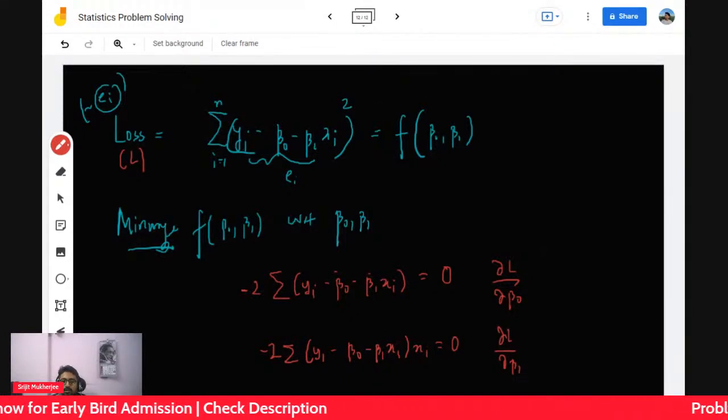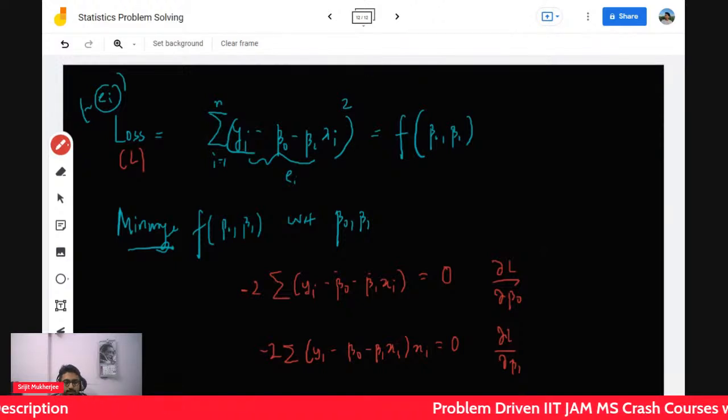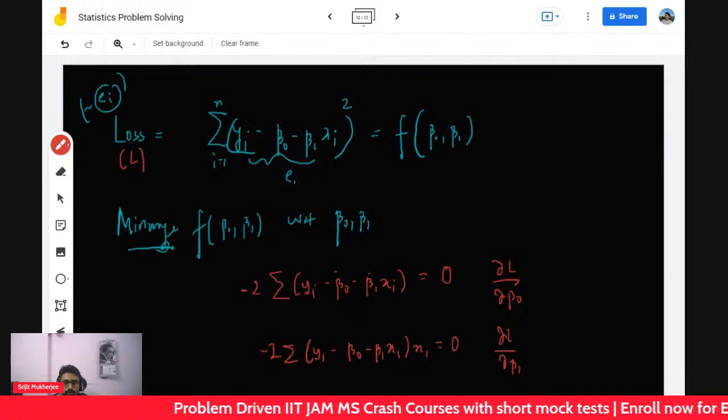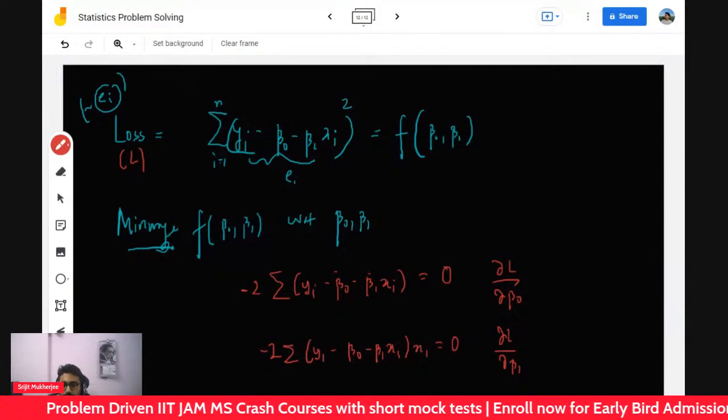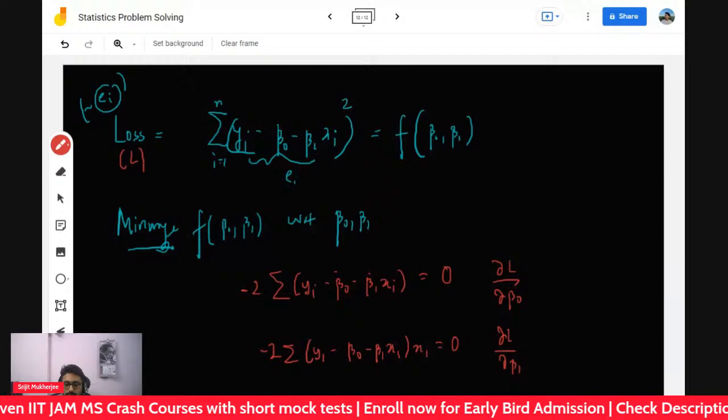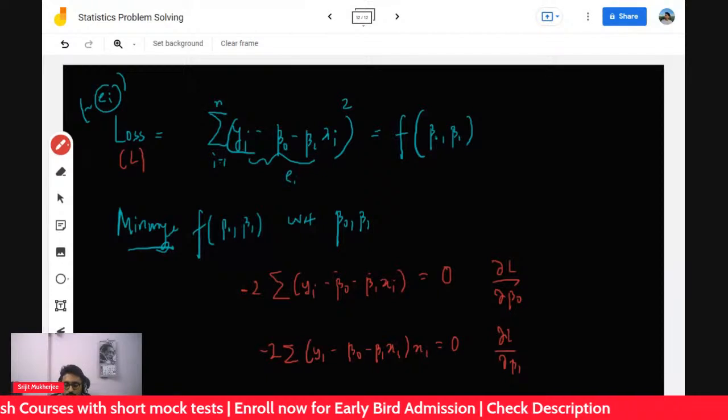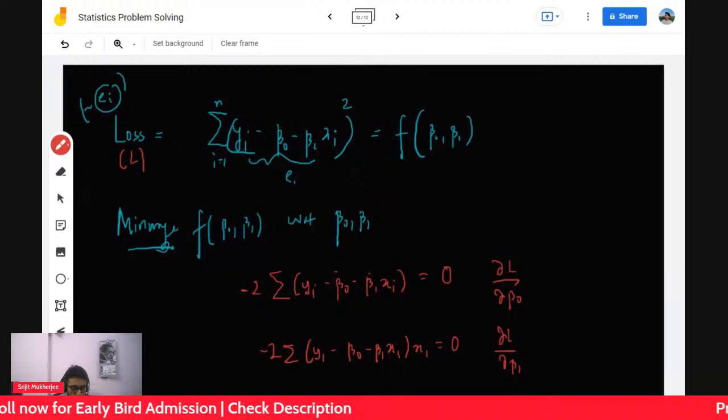The math behind this is this. But what do you mean by example? Can you please tell me, Mansi, what do you mean by example?